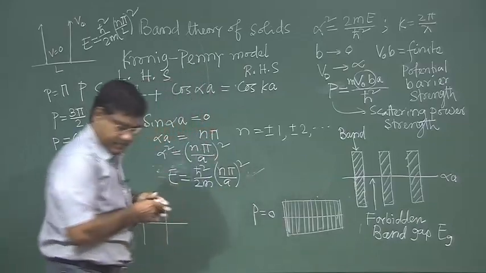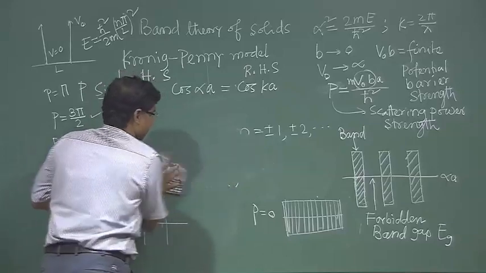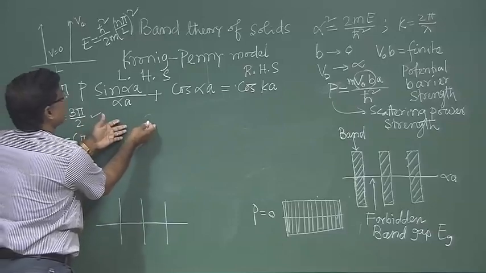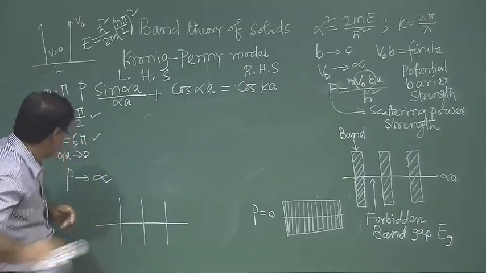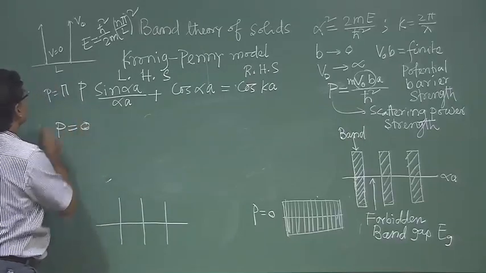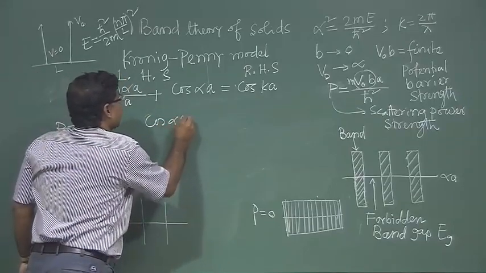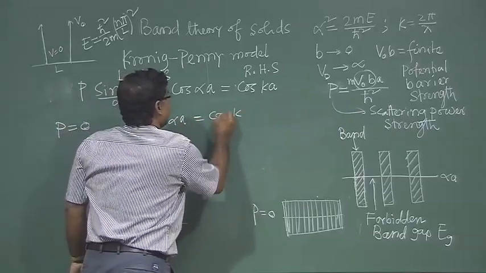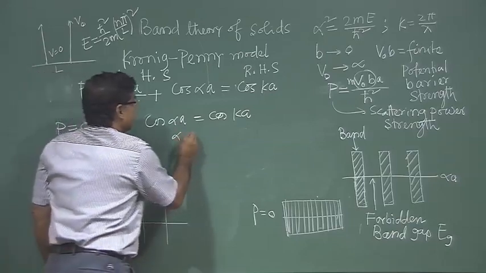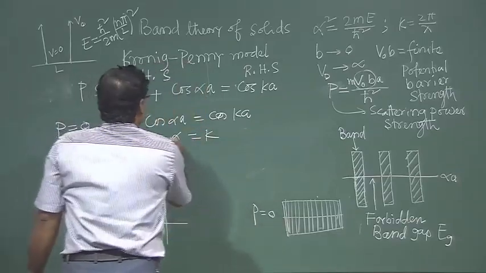Okay. Now, when P equals 0, this part becomes 0. Then we will get cos alpha a equal to cos k a. So basically alpha equals k.